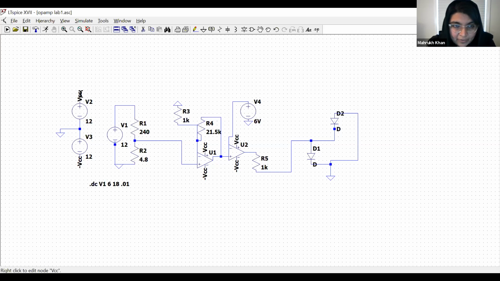At the open end, I wrote VCC using a label net, okay? Similarly here, I write minus VCC and add them on both sides. If you use the same label net, it will take the voltage that it is creating here, okay? So I am giving 12 volts and minus 12 volts at both ends, okay? Sounds good?